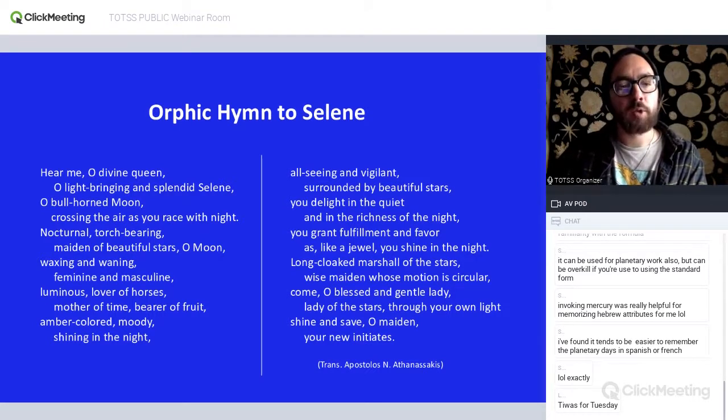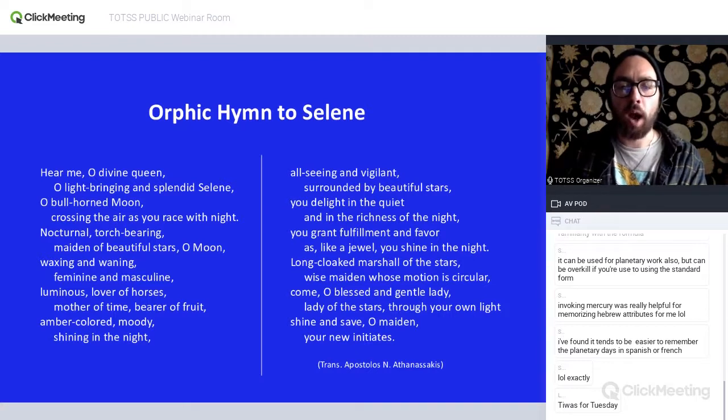Hear me, O divine queen, O light-bringing and splendid Selene, O bull-horned moon, crossing the air as you race with night, nocturnal, torch-bearing, maiden of beautiful stars, O moon, waxing and waning, feminine and masculine, luminous, lover of horses, mother of time, bearer of fruit, amber-colored, moody, shining in the night, all-seeing and vigilant, surrounded by beautiful stars.